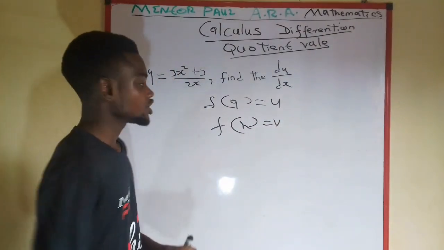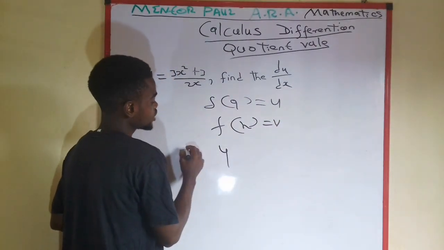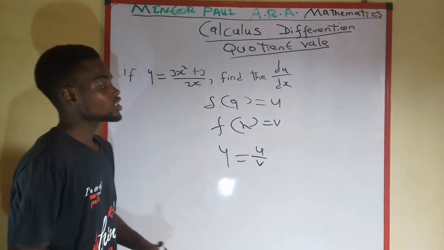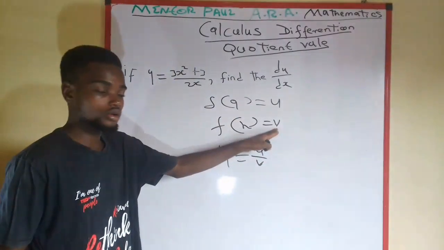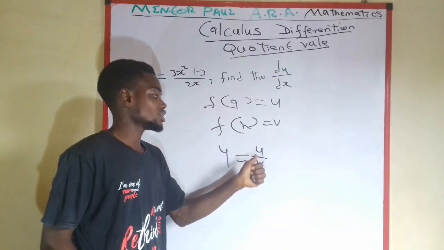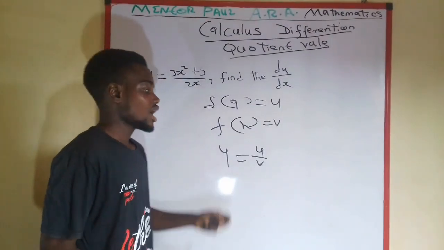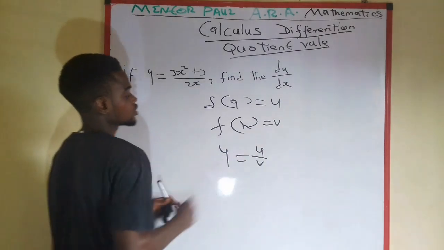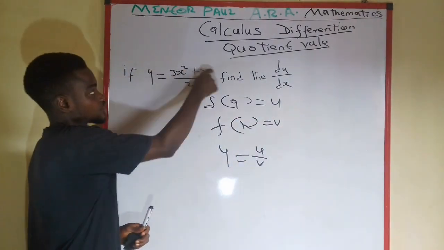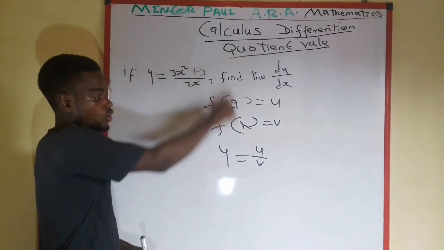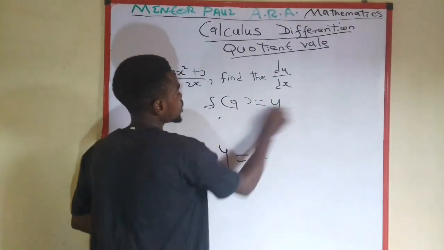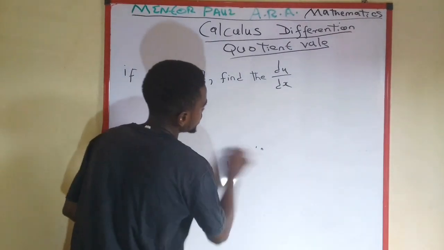If I'm given a question that involves y, where y is equal to u over v, this is just a value over a value. If I'm given a question that says u over v, I'm going to apply the quotient rule. Now, what is u? U here is this expression above, that is the numerator, and v is the denominator. So I'm going to be showing you that rule here.